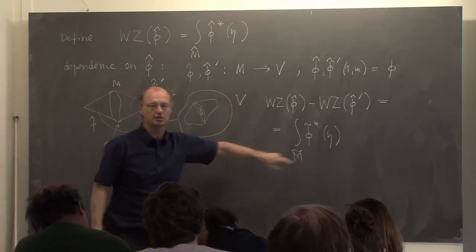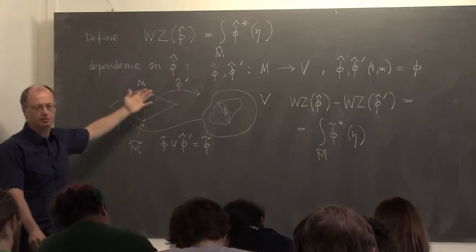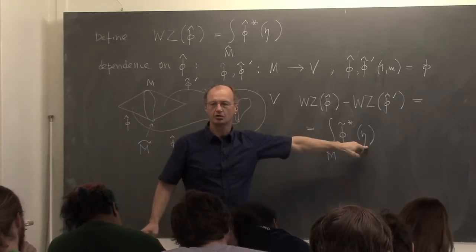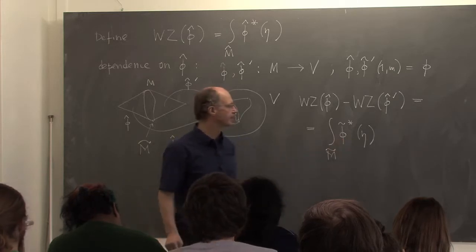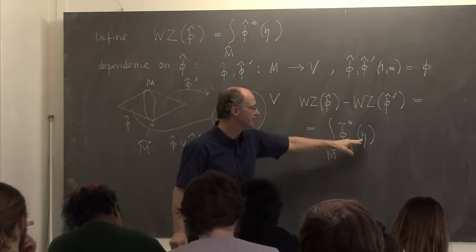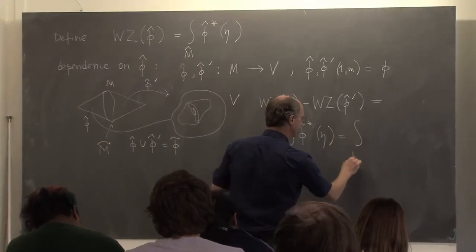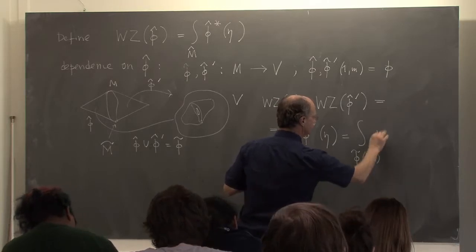Now M tilde, in contrast to M hat, has no boundary. So this is an integral of our closed form over some cycle inside V, one can say. So this is the same as the integral over phi tilde of M tilde of eta.